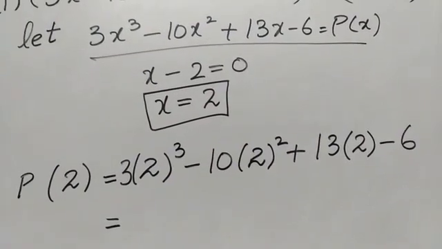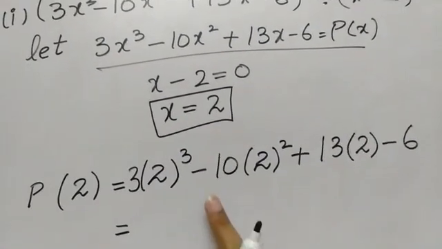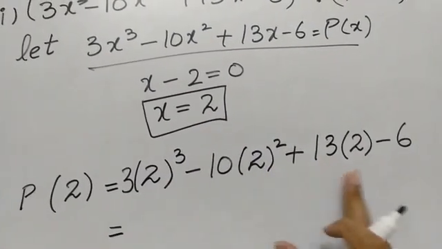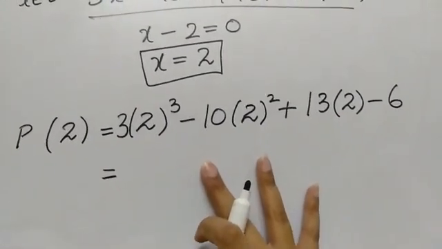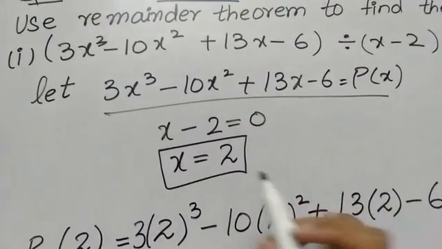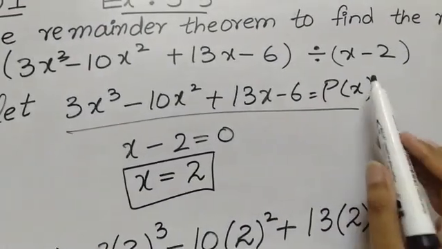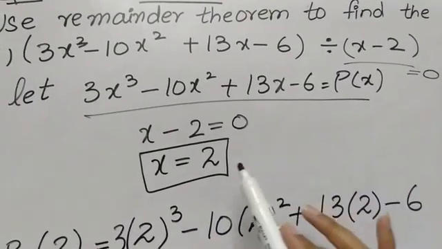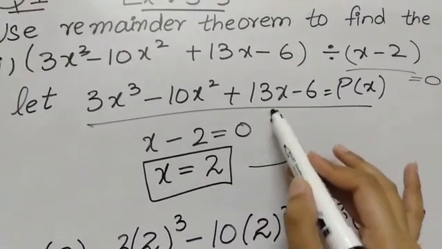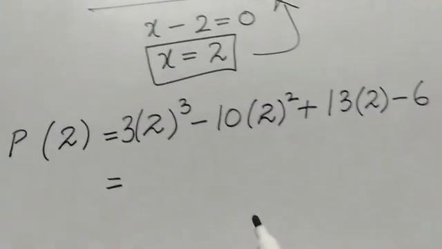So this is the whole procedure. Now we will just open this cube and square, multiply the terms and apply the basic operations. This was the main method: we take our divisor equal to 0 and then put the value in our polynomial.